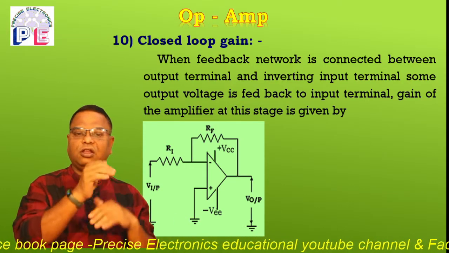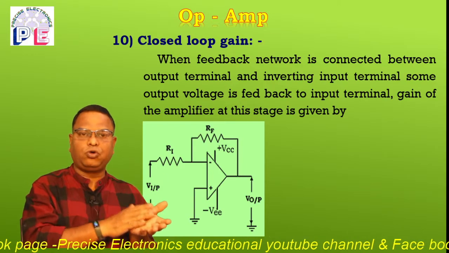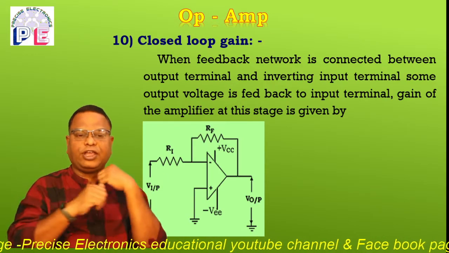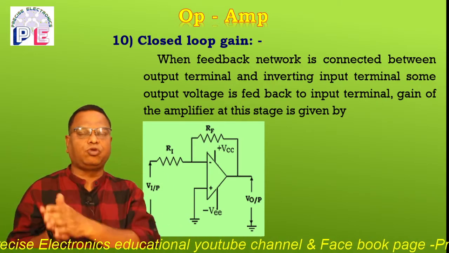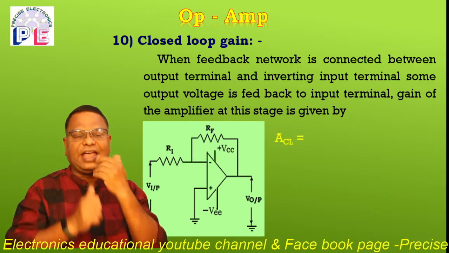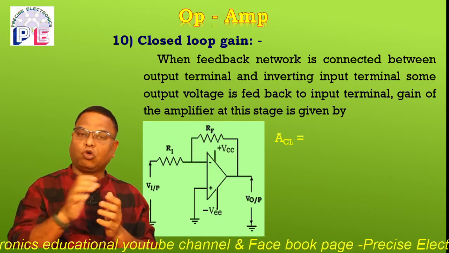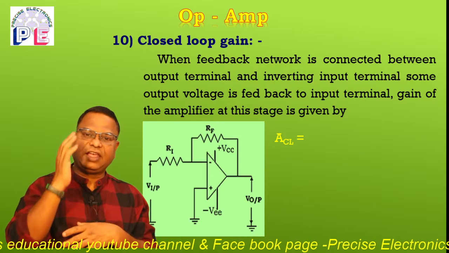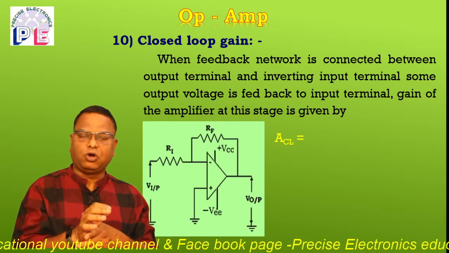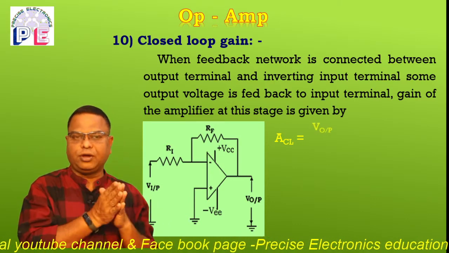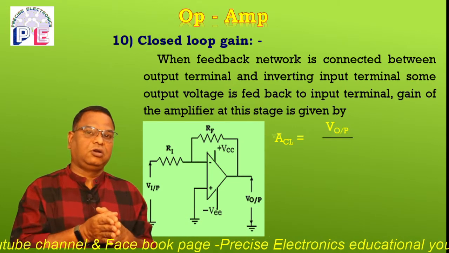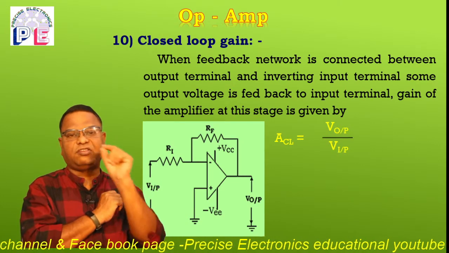In this circuit we have the output voltage V output and the input V input. The ratio of the output voltage to the input voltage is the gain, known as closed loop gain. So friends, A suffix CL is equal to V output upon V input. But friends, in this equation there is a negative sign.